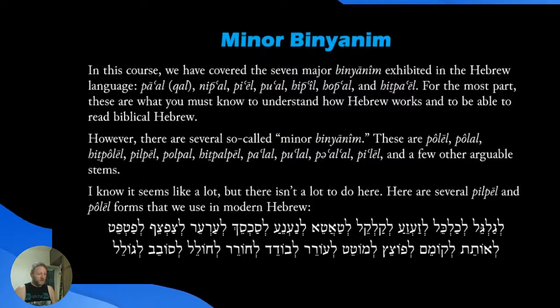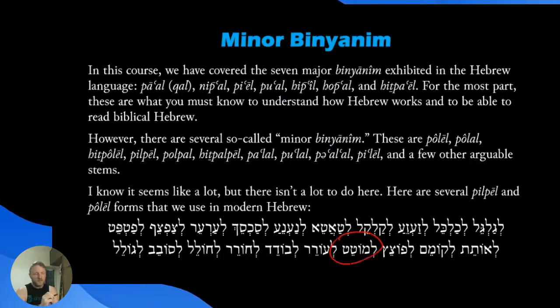The passive of the polel is often the polal, but also hitpolel is used for the passive of this. So, for example, the word lefotzets that we have there. Lefotzets means to blow up, to blow something up. For something to blow up, we would say hitpotzets. Hitpotzets, it blew up.